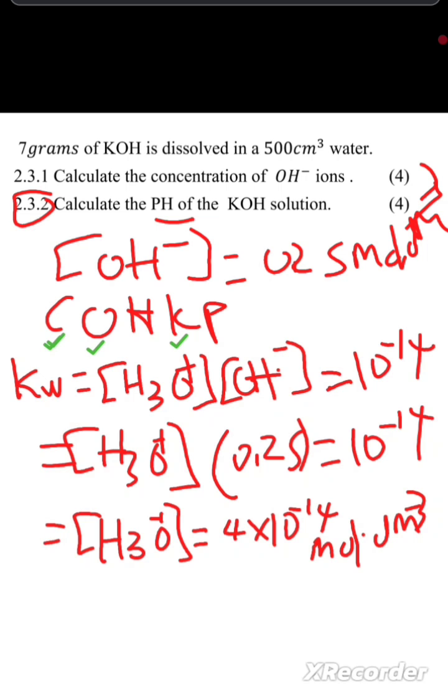Now I can use the pH formula. So I say pH is equal to negative log concentration of hydronium ions.